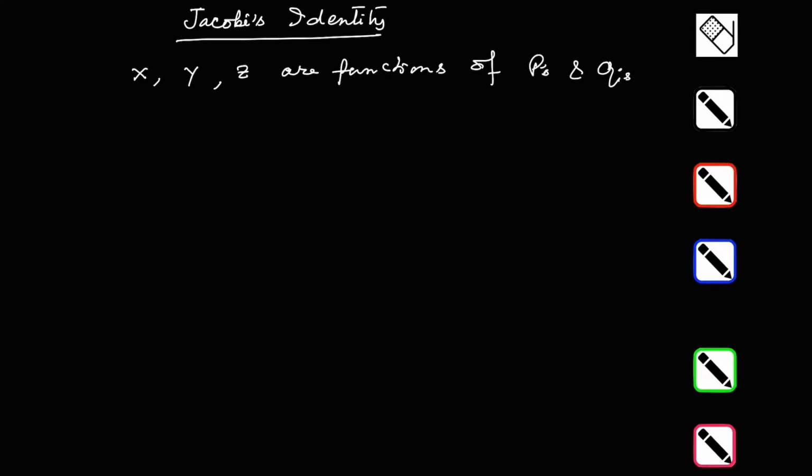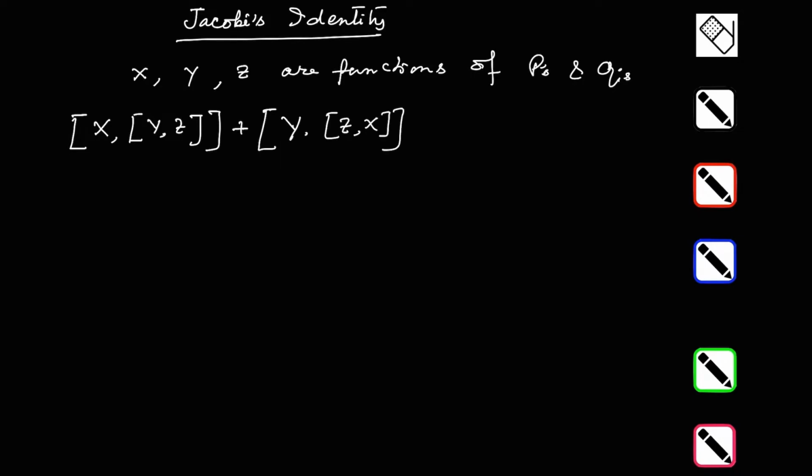Then Jacobi's identity is given by the Poisson bracket of x with the Poisson bracket of y and z, plus the Poisson bracket of y with that of z and x, plus the Poisson bracket of z with that of x and y, and this is equal to 0. So how do we prove this identity? Let me show you how to prove this identity.